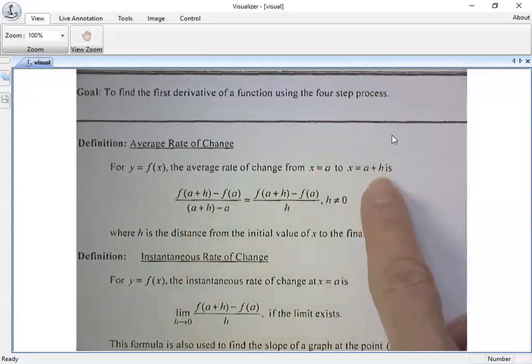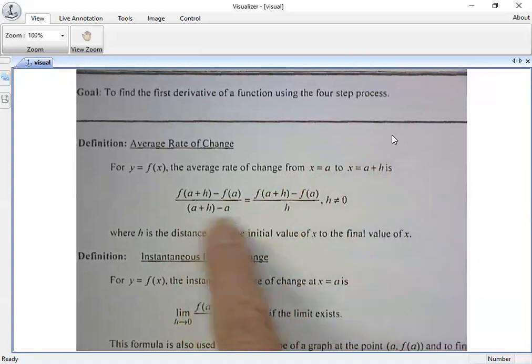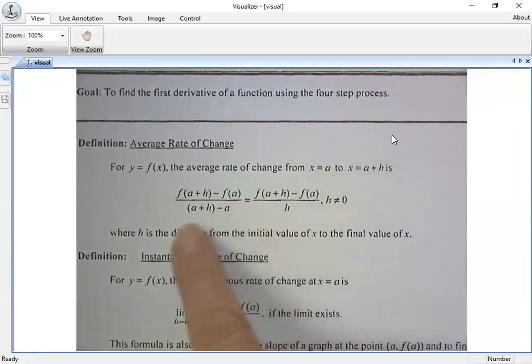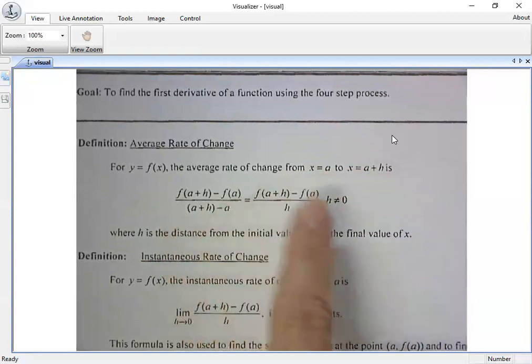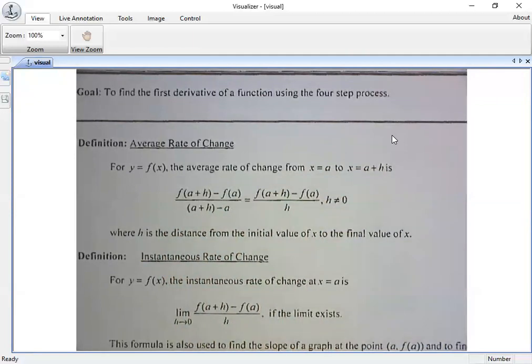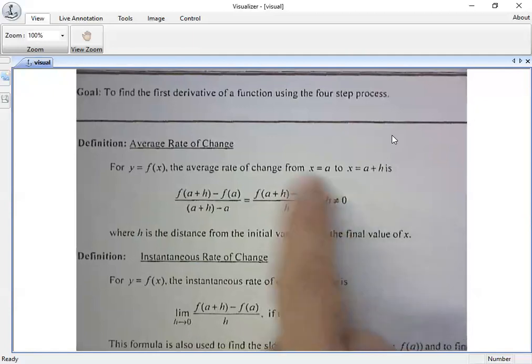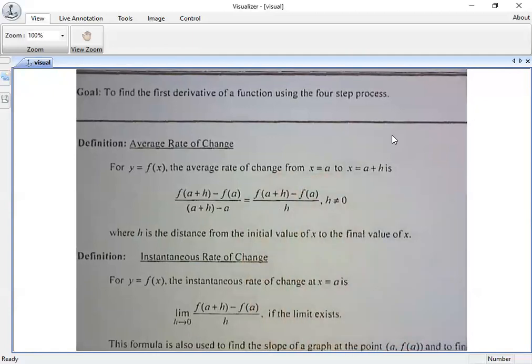So I would take the second point minus the first point. Now, the cool thing is in the denominator, what happens if I simplify that? I just get h, right? Because the a plus h, when I subtract a from it, the a's are going to cancel. This is the basic formula for finding a derivative.